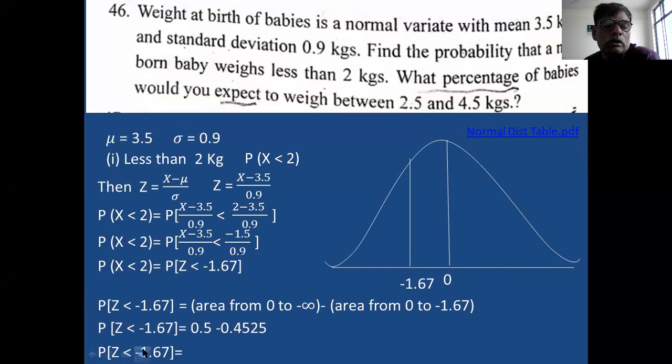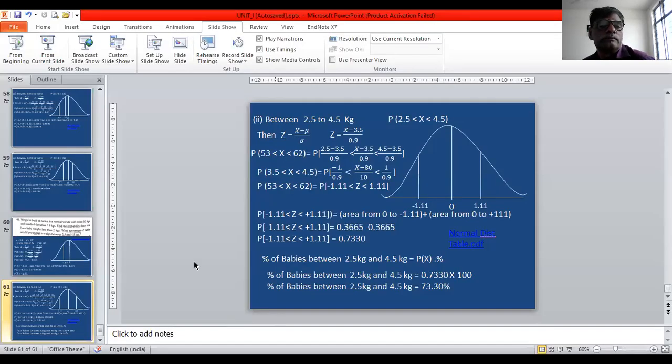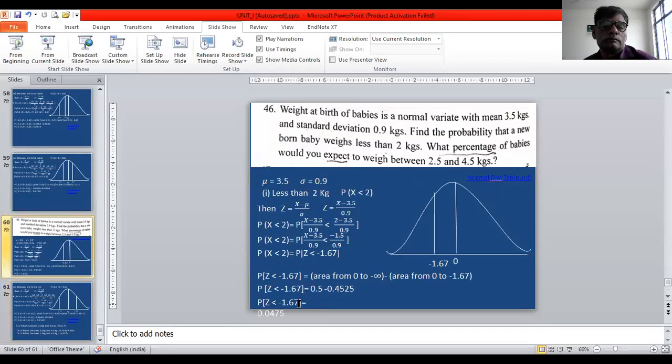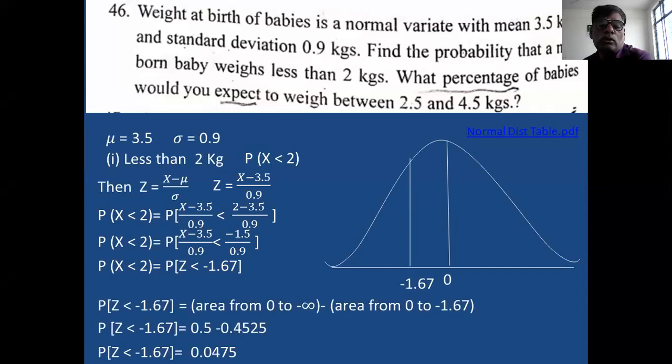The probability of Z is smaller than minus 1.67 is equal to 0.0475. 0.0475 is the probability value.